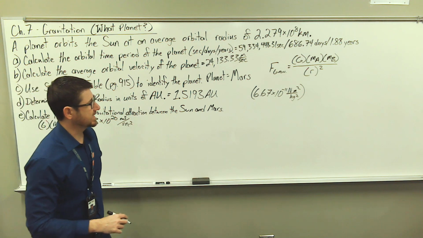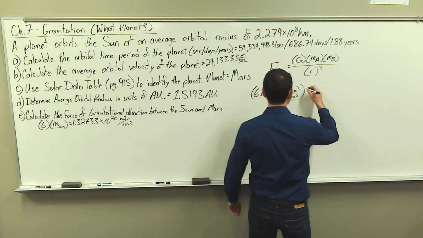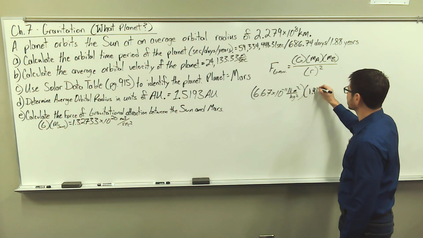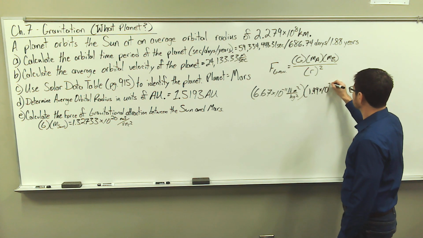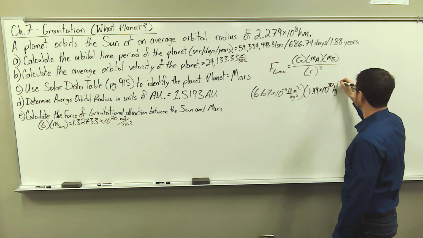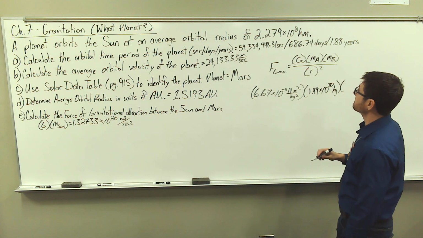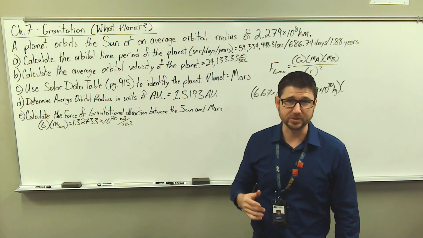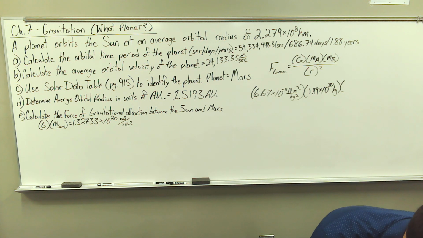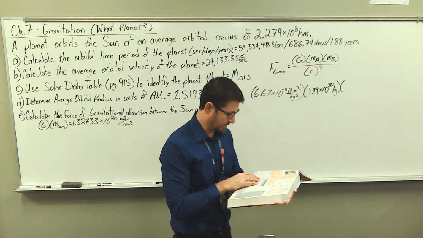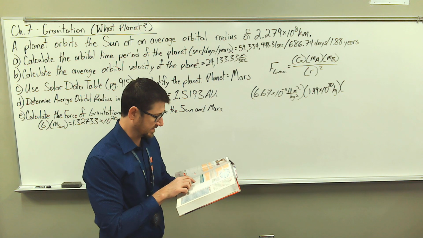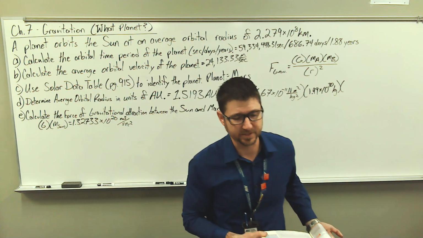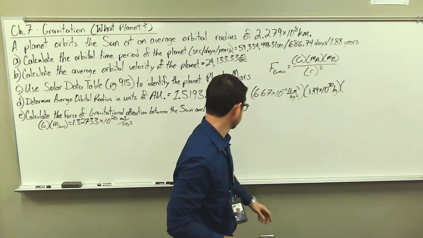Okay, so mass A, mass of the sun is 1.99 times 10 to the 30th kilograms. And then we need the mass of Mars. So what I'm going to do is look on page 173 again, okay? And the mass of Mars is 6.42 times 10 to the 23rd kilograms.